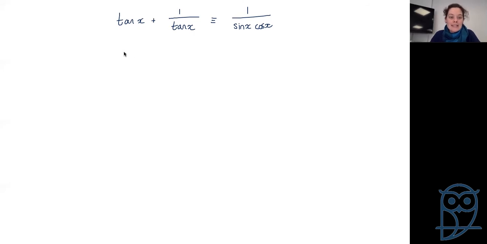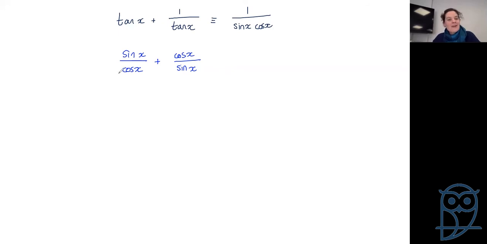Tan is sine over cos, so sine x over cos x, plus 1 over tan x is just the reciprocal, so cos x over sine x. And there we stop. No equals because we're doing algebraic manipulation. Remember that equals has a meaning, it has a functionality. So we're not writing equals anywhere on here, we're just stepping through algebraic manipulations.